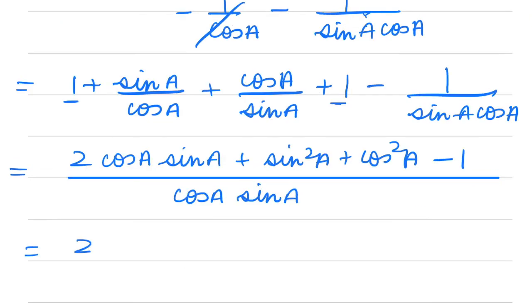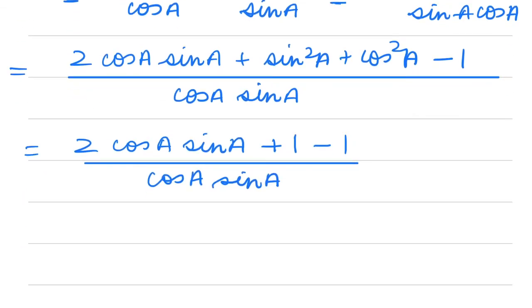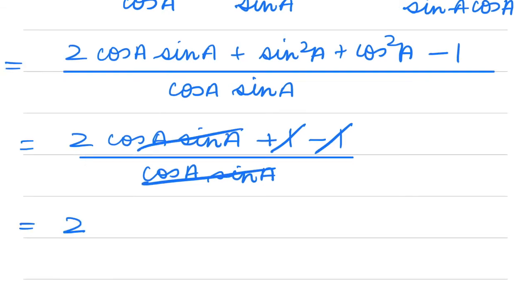I can write down this as 2 cos A sine A, and sine square A plus cos square A can be written as 1, then minus 1, divided by cos A sine A. Plus 1 minus 1 gets cancelled, and sine A cos A gets cancelled with this, so we get 2. So this is equal to the right hand side, hence proved.